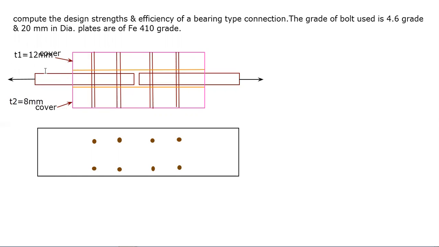So there are two cover plates. One is T1 and one is T2. T1 is having 12 mm thickness, T2 is having 8 mm thickness. The bolts are given.